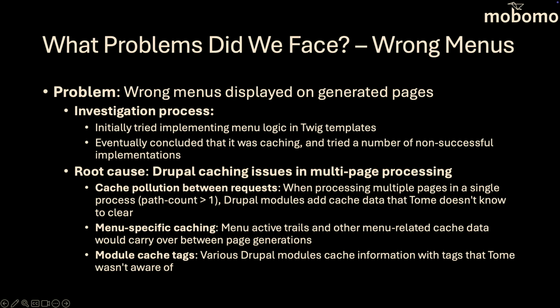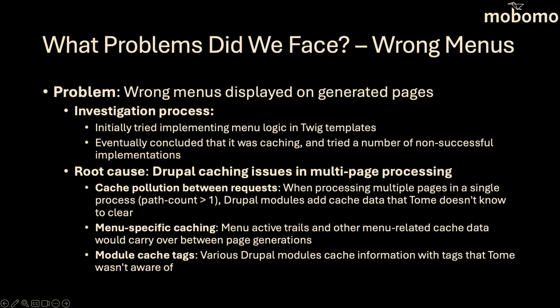We have a side menu that's pretty prolific across our site. What we were finding is that when we generated a static site, we would have pages where we would get either the wrong active trail across a menu, or we would sometimes just get entirely the wrong menu from a different part of the site.